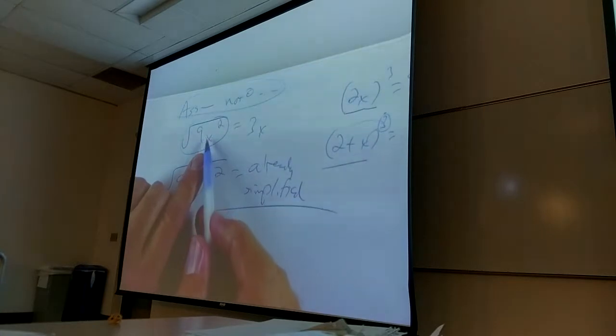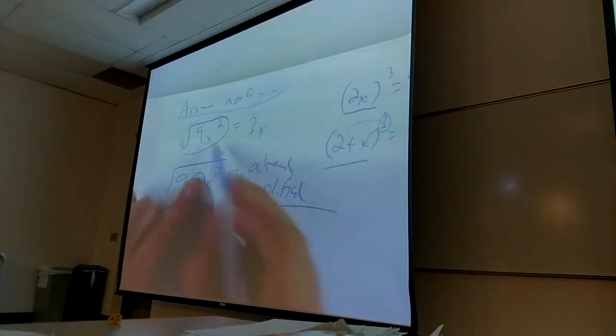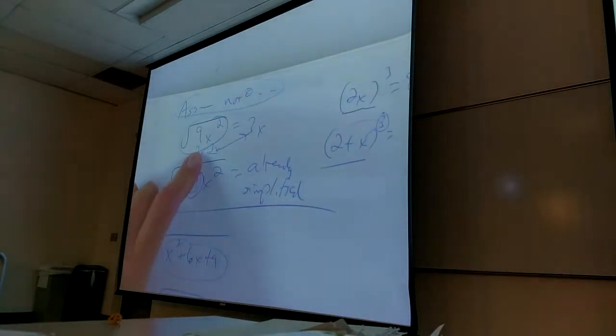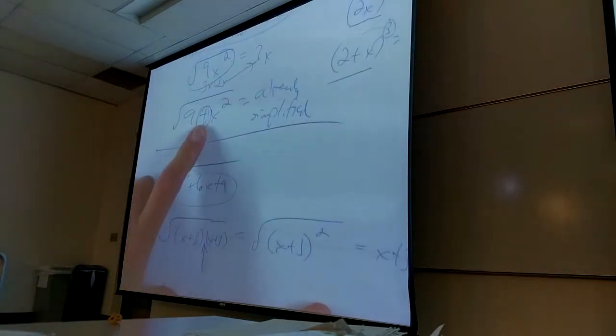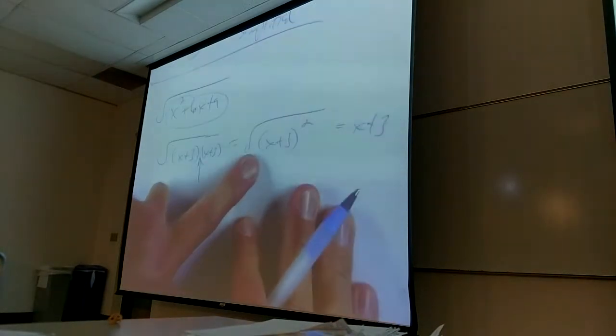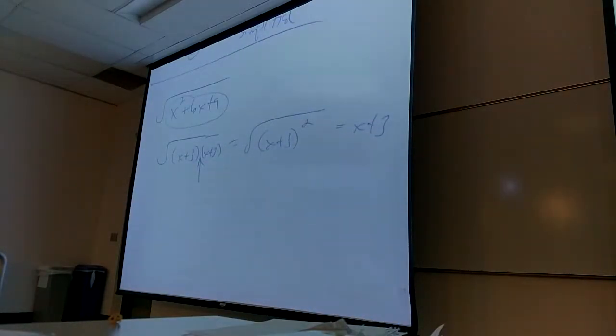It can rip that multiplication apart. Watch this, guys. Isn't 9x squared 3x times 3x? So it rips one of them out. But this guy can't do anything until I factor it and go, oh, cool, it's x plus 3 times x plus 3. I can rip one of them out, no problem. Because it's times, right?